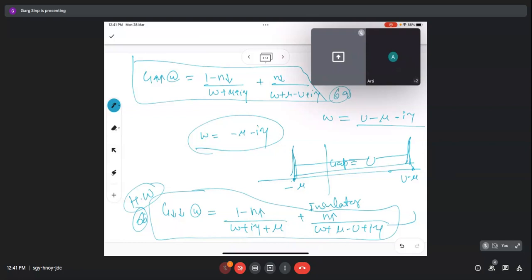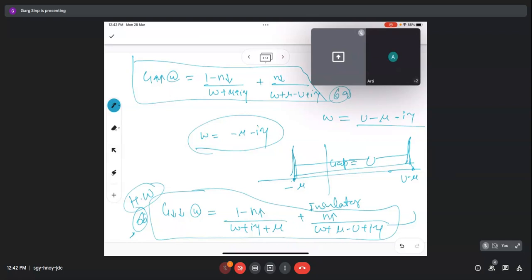Yes, sir. So is this derivation clear for the Green's function for the atomic limit of the Hubbard model? Yes, sir. Okay. So whatever steps I have left in between, like the derivation of 6b, you should try to derive on your own, both you as well as Sitaram.